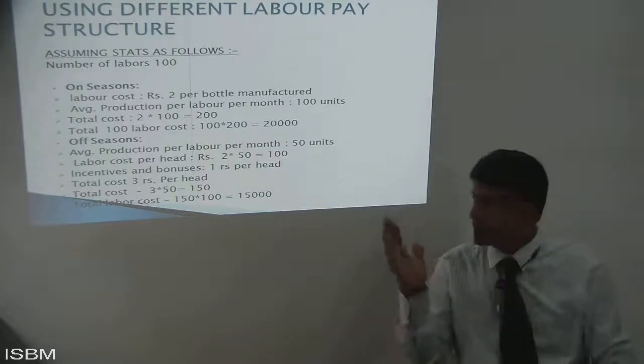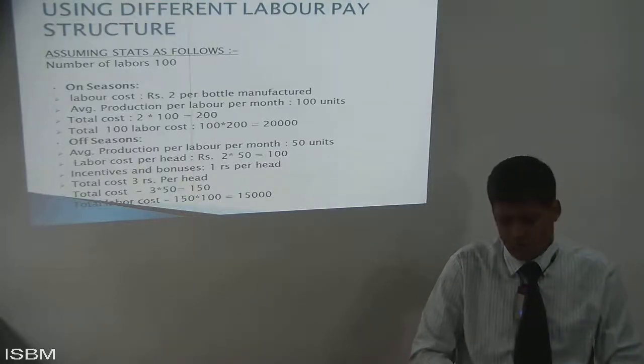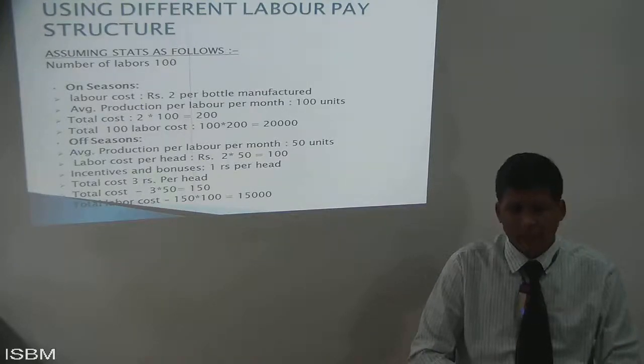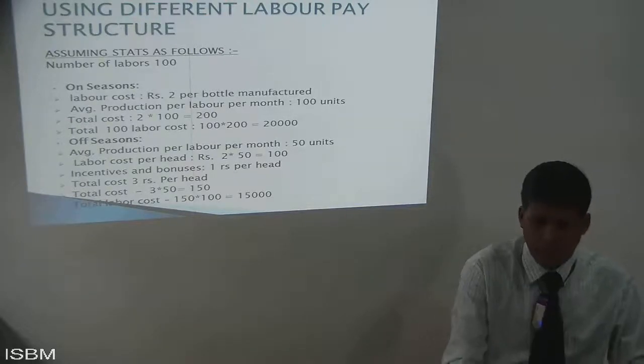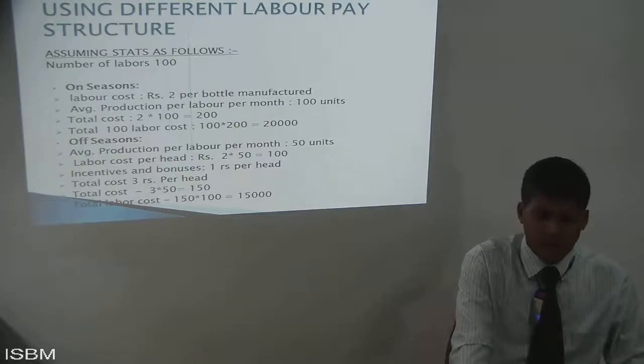Now on season, if you can see the slide, some details about it. The labor cost is around 2 rupees per bottle manufactured, the average production per labor per month is 100 units. So total cost would be around 200, and total for 100 labor would be 20,000.